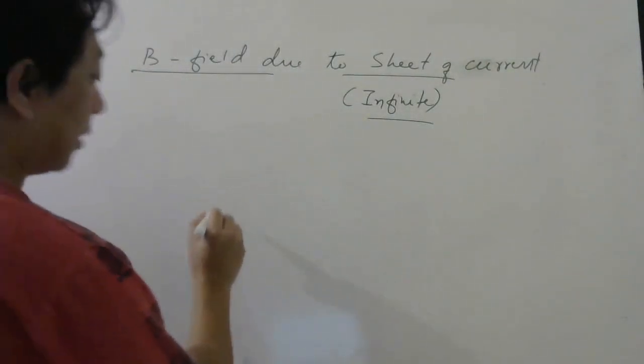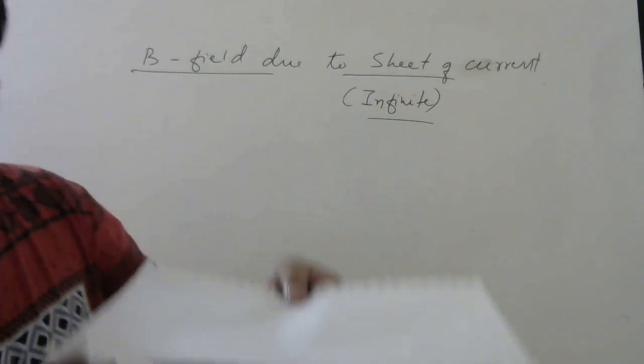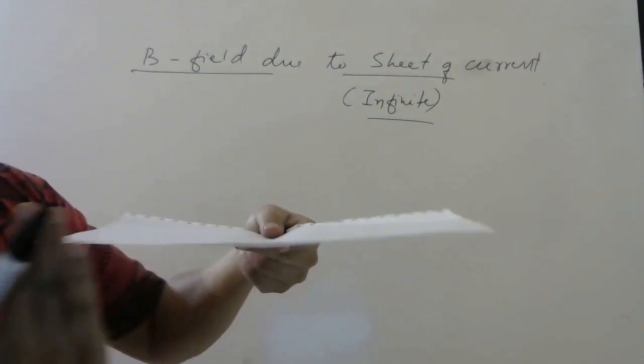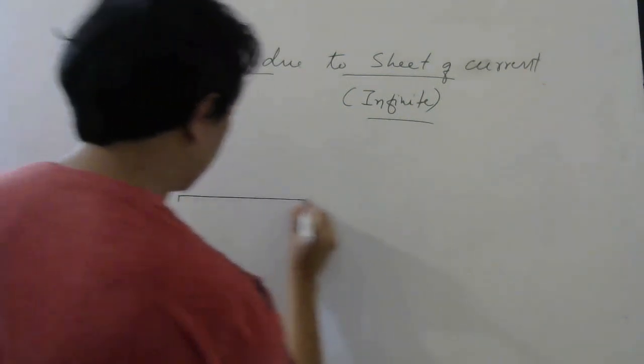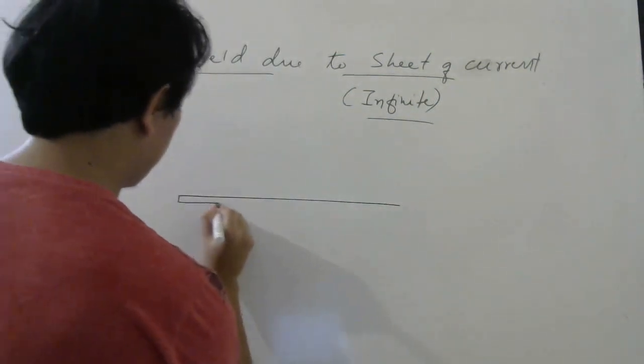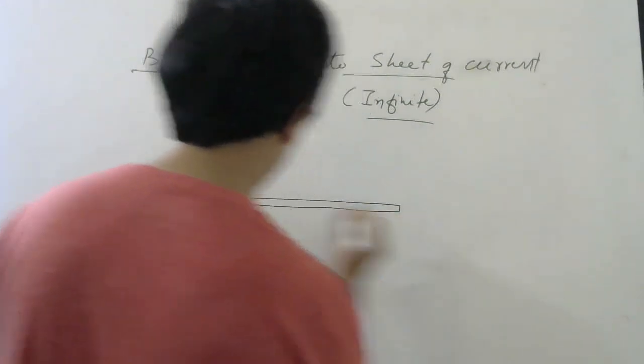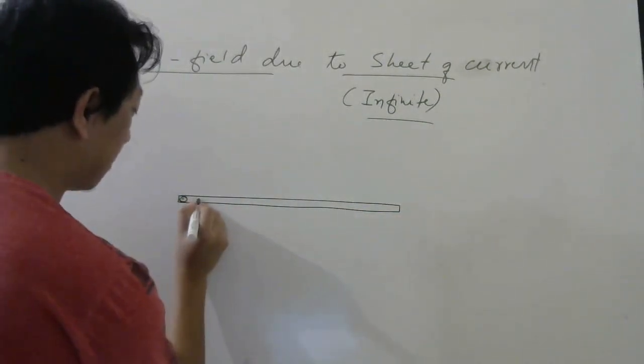So let me show you only this side. Okay, this part I will show you. Okay, students, so this is a sheet, and let's say the current is coming out.